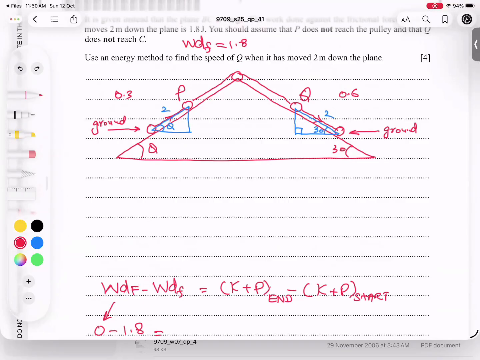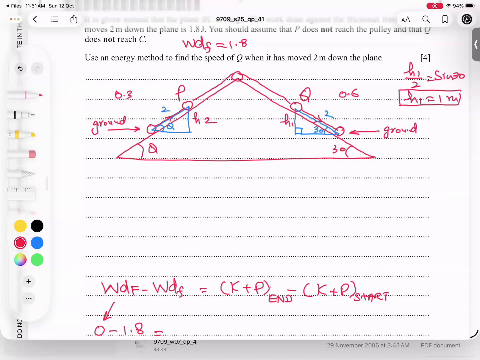Now, students, how to find the rest? First of all, I'll find the heights. I need to find h1 and h2. How to get h1? h1 opposite by hypotenuse is sine 30. 2 multiplied by that, h1 becomes 1 meter.